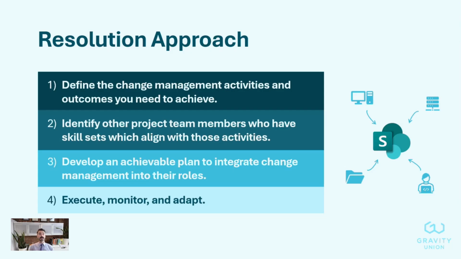We're going to then lean on that analysis to develop an achievable plan to integrate change management into those other roles, as well as into our project processes that we execute. And very importantly, we're also going to monitor the success of that and adapt over time. So that's essentially our approach to solving this problem of needing to manage change without a change manager.